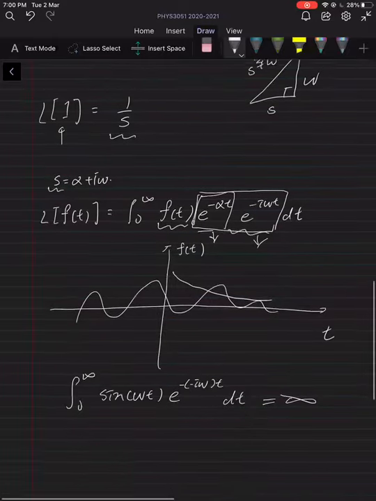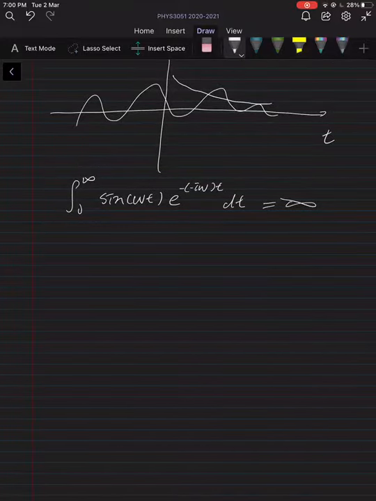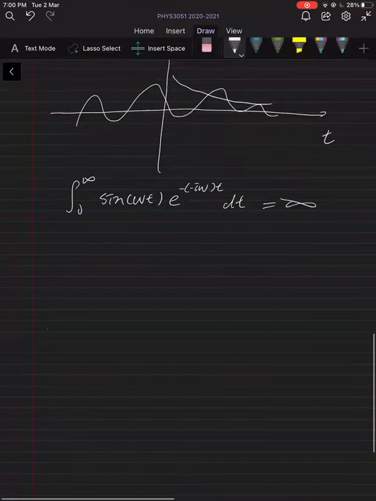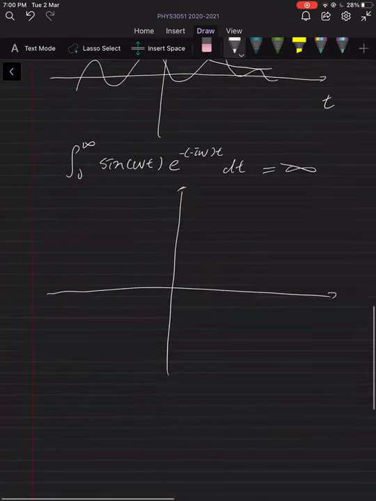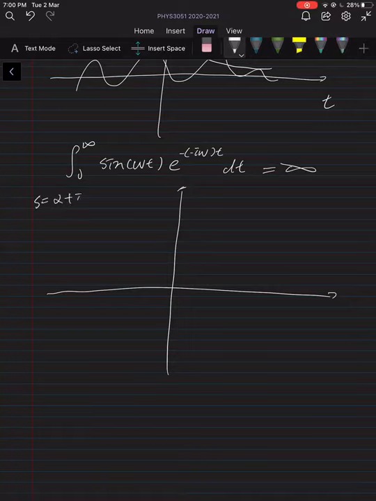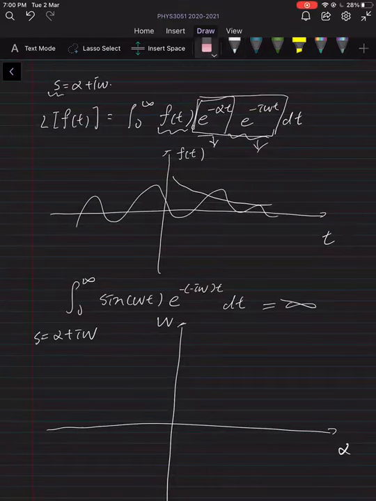So suppose you have done the Laplace transform, you have s to be a complex number, but maybe I should not write omega, beta.